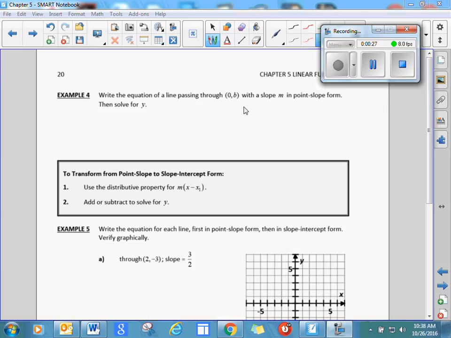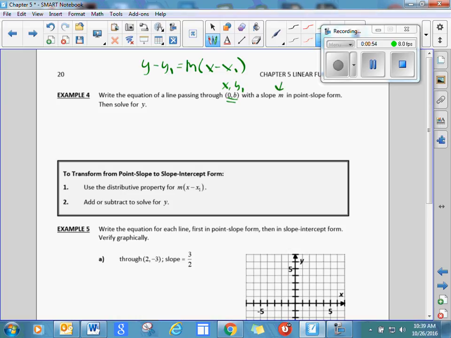We're going to write in point-slope form, so we know that that's y minus y sub 1 equals m parentheses x minus x sub 1. And this is the point that they give us to use as our x sub 1, y sub 1: 0, b. You might recognize b because b was the y-intercept in our y equals mx plus b equation type.